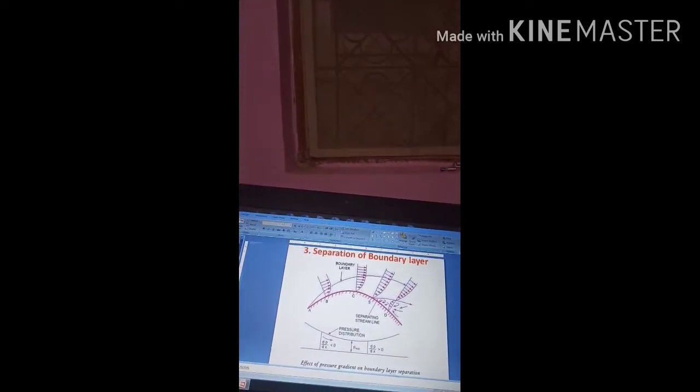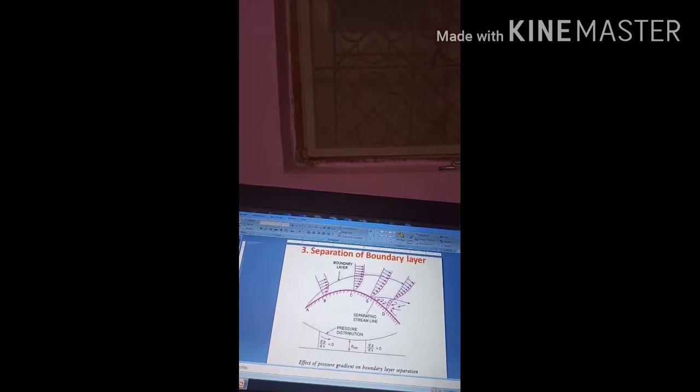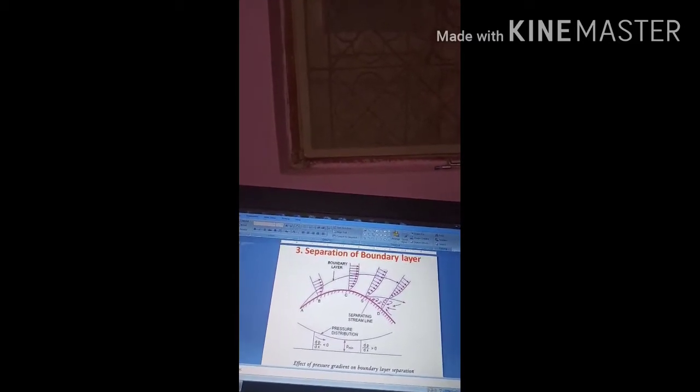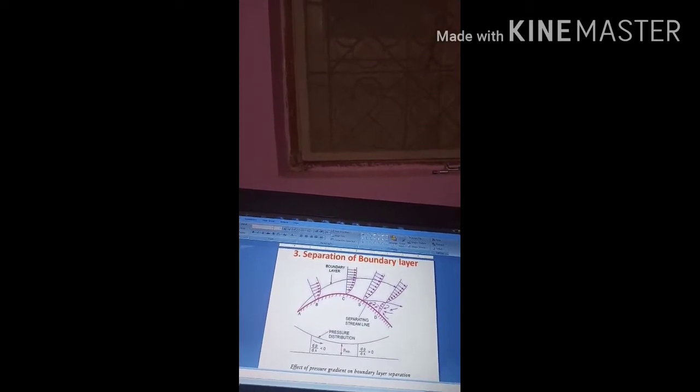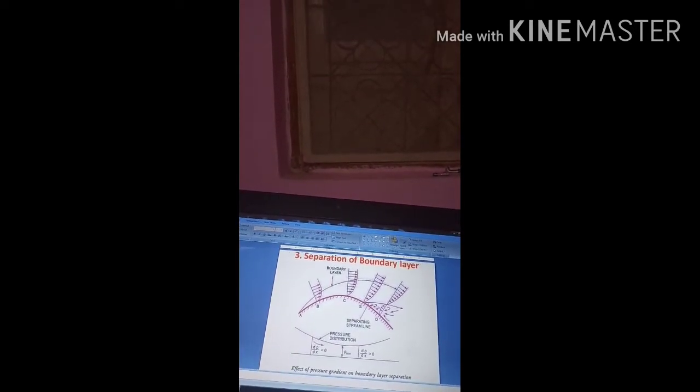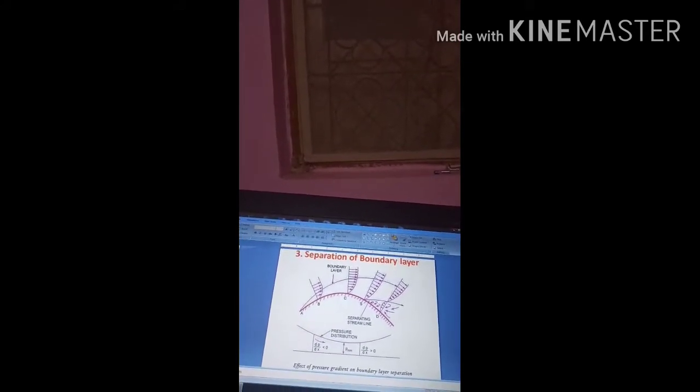That is a favorable condition, that any fluid is moving from high pressure to low pressure. So low pressure is a good sign. If the pressure goes on decreasing along the length, then no problem. Then the boundary layer will remain as it is, attached to the solid boundary.